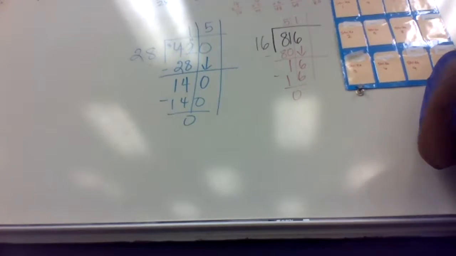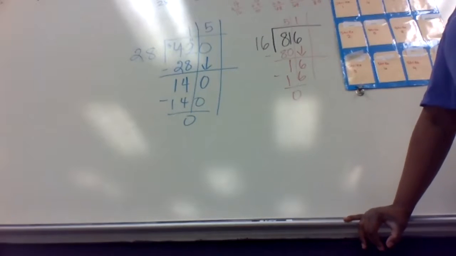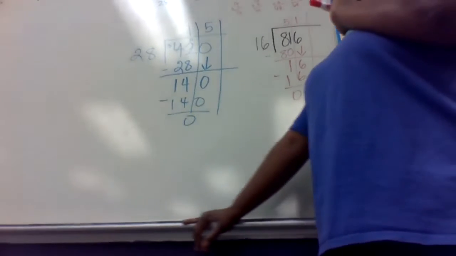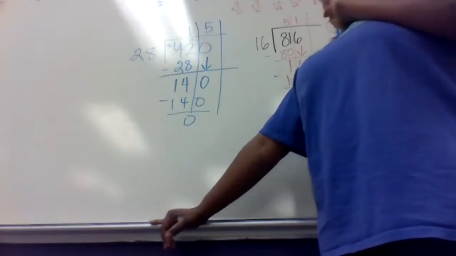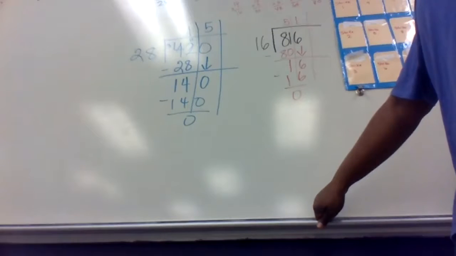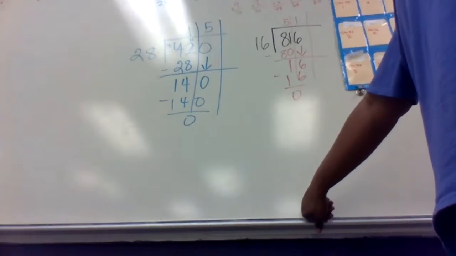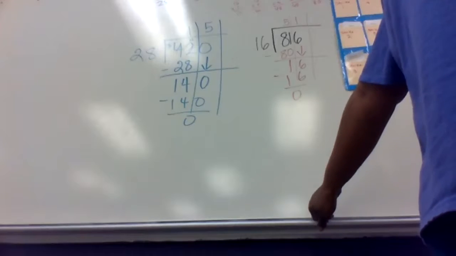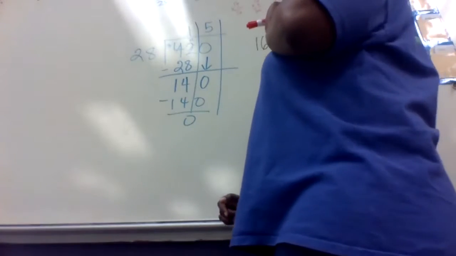All right, number 6. It says a local theater charges $26 for each adult ticket and $17 for each student ticket. For one show, the theater took in $988 from adults and $731 from students.